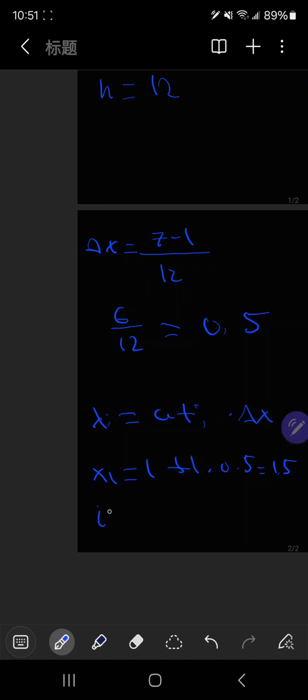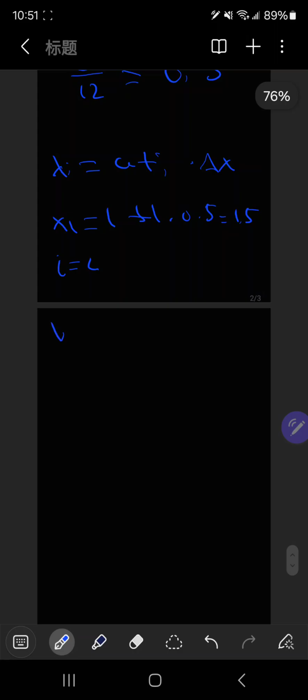And then i equals 2, so x2 equals 1 plus 2 times 0.5 equals 2.5. Yeah, that makes sense.